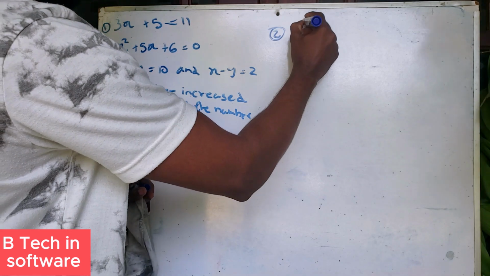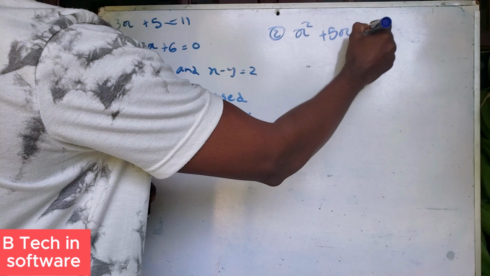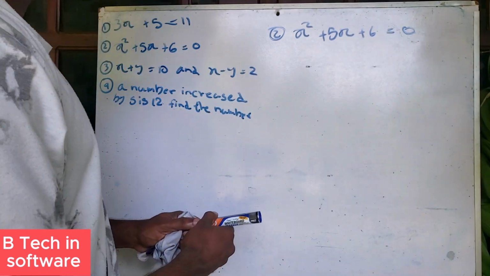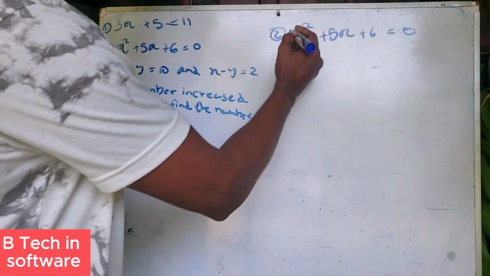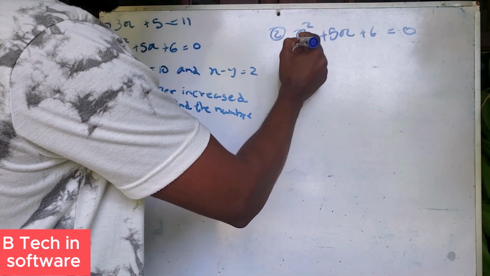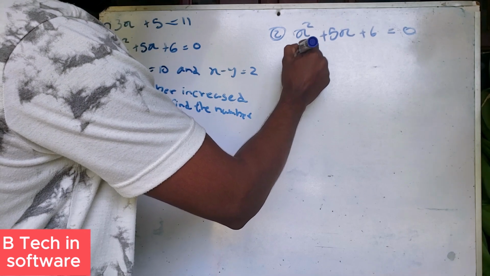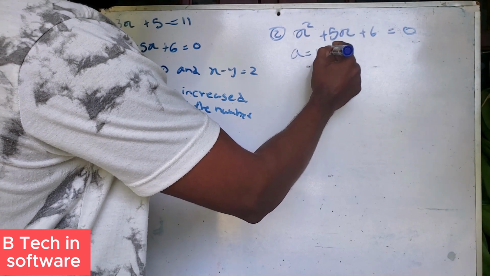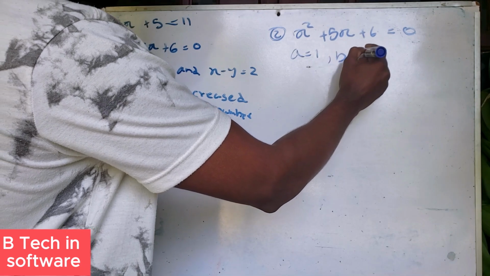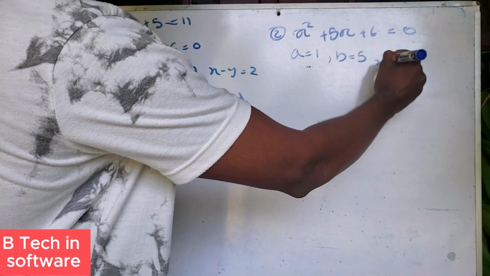The second one is x squared plus 5x plus 6 is equal to 0. To solve this problem, we need to take the coefficient of each x term. Now here a is equal to 1, b is equal to 5 and c is equal to 6.